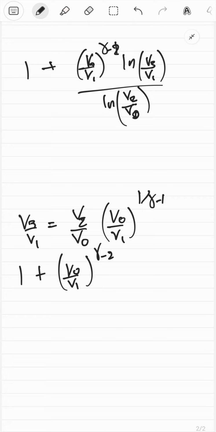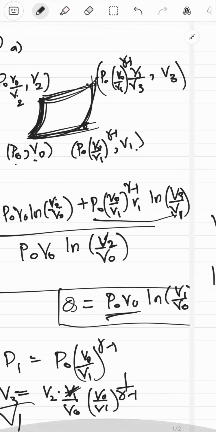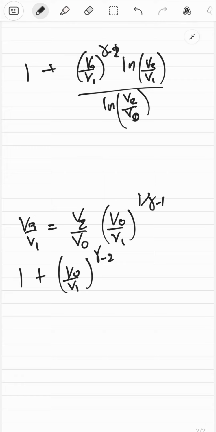I'm getting some really bad feelings from this. Okay, wait. What do we want again? We want 1 minus tc upon t. I guess we'll get to it. Okay, so we have 1 plus v0 to the power of gamma minus 2, all that stuff.